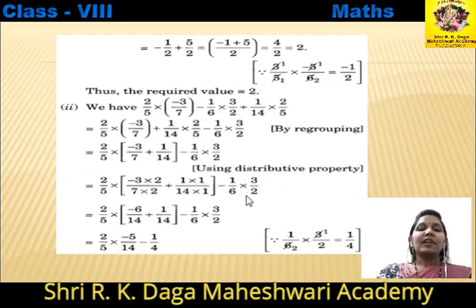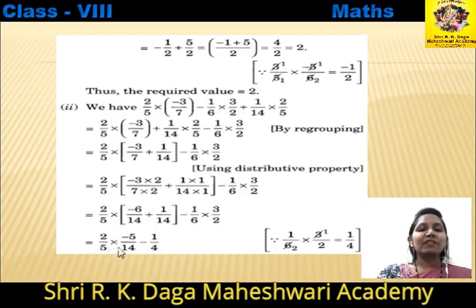This term will remain same. 2 by 5 into, when we multiply these terms, we will get minus 6 by 14 plus 1 by 14 minus 1 by 6 into 3 by 2. 2 by 5 into, when we solve this, now denominators are same, so in denominator we have 14 minus 6 plus 1 is minus 5 minus, when we solve this, 3 1s are 3, 3 2s are 6. So in numerator we have 1 and in denominator 2 2s are 4, that is minus 1 by 4.